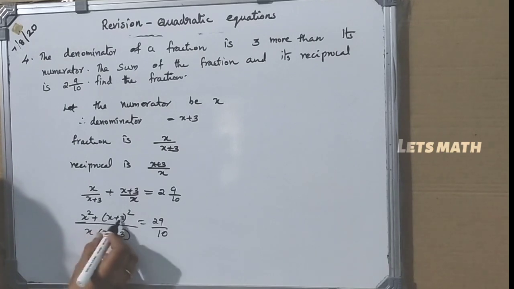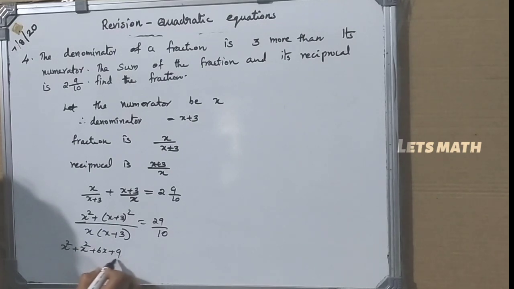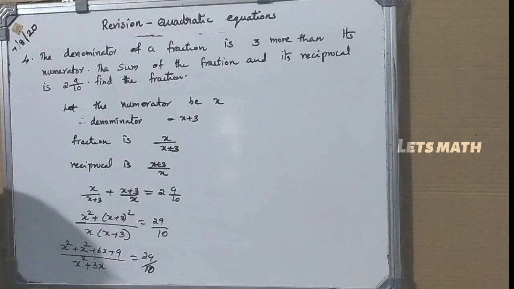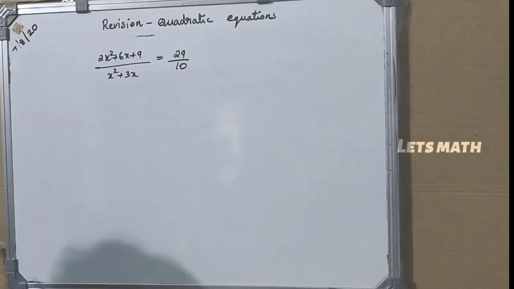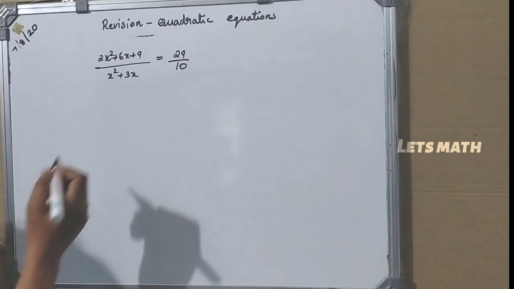So once we do the expansion here, x square plus (x plus 3) whole square, and removing the bracket in the denominator, x into x, x square plus 3x, equal to 29 by 10. 2x square plus 6x plus 9 divided by x square plus 3x equal to 29 by 10.